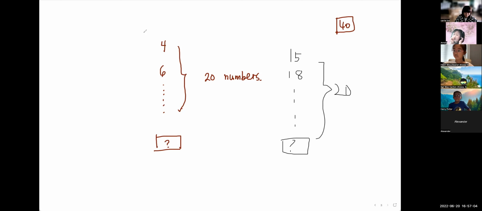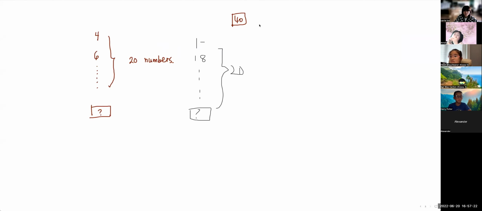Guessing is not allowed. Okay, please erase the left side of the board. No, left side. Why are you erasing right side? Right side is the question. Okay, I'm sorry. Okay, yeah, now good.